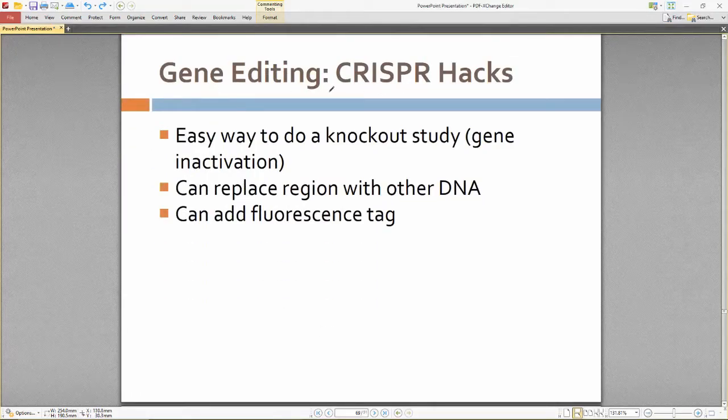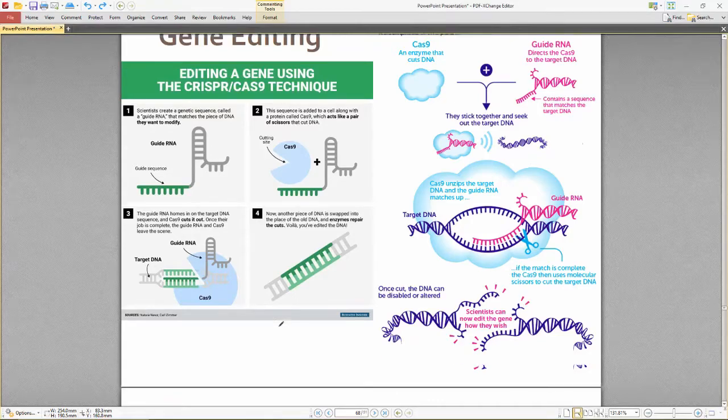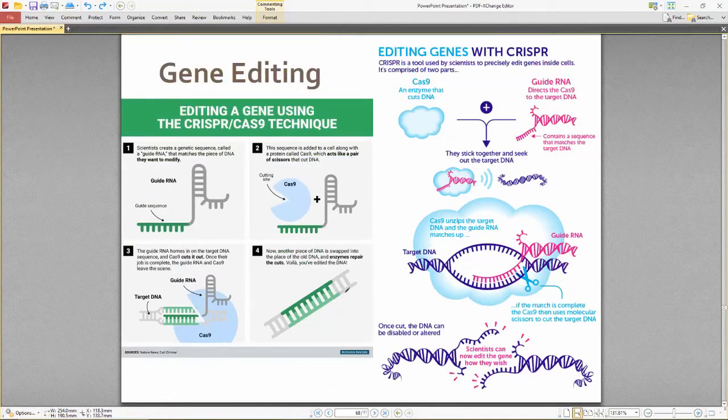So let's look at some CRISPR hacks, which are basically some applications. It's an easy way to do a knockout study, so an easy way to inactivate a gene. That's pretty simple to understand because if you make cuts here in the DNA, this gene is inactivated because it's cut, so it can't be transcribed into RNA and then translated into a protein if the gene is cut out.